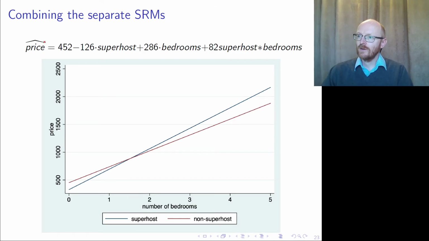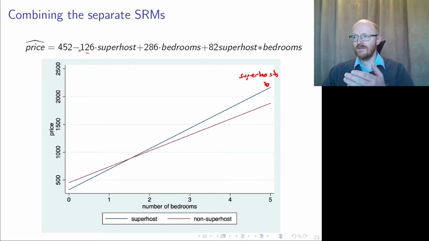So we have our sample regression line, and we have here the regression line for superhosts. And how could I find that? It's because superhosts have a lower intercept, right?